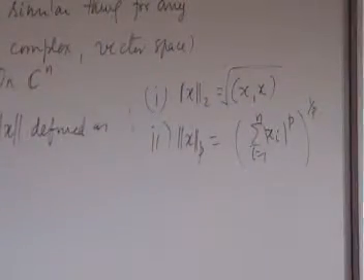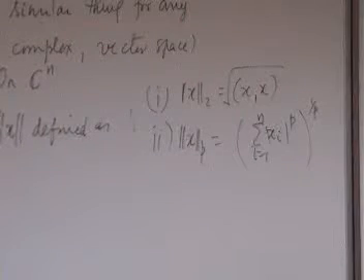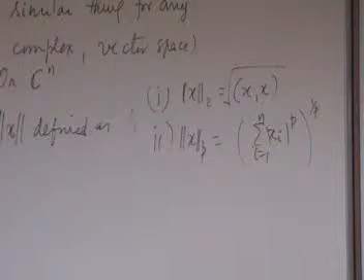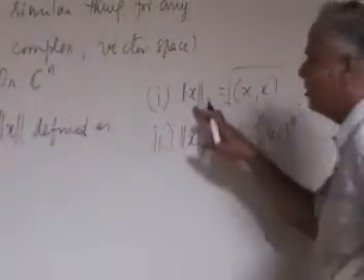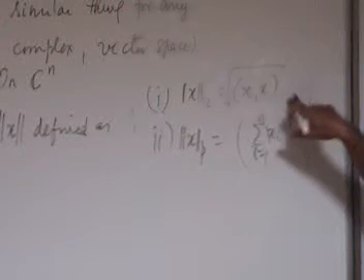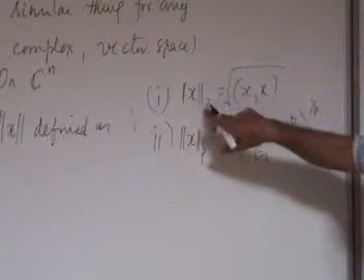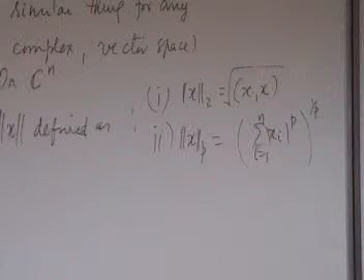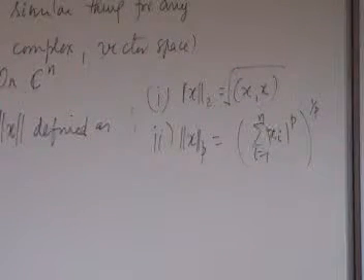Now, what are the things to be verified? First, we have to make sure that it is non-negative. First, let us look at this. This is certainly non-negative because x comma x is non-negative. When is it 0? When x comma x is 0. But we know that x comma x is 0 if and only if x is 0, or norm x is 0.